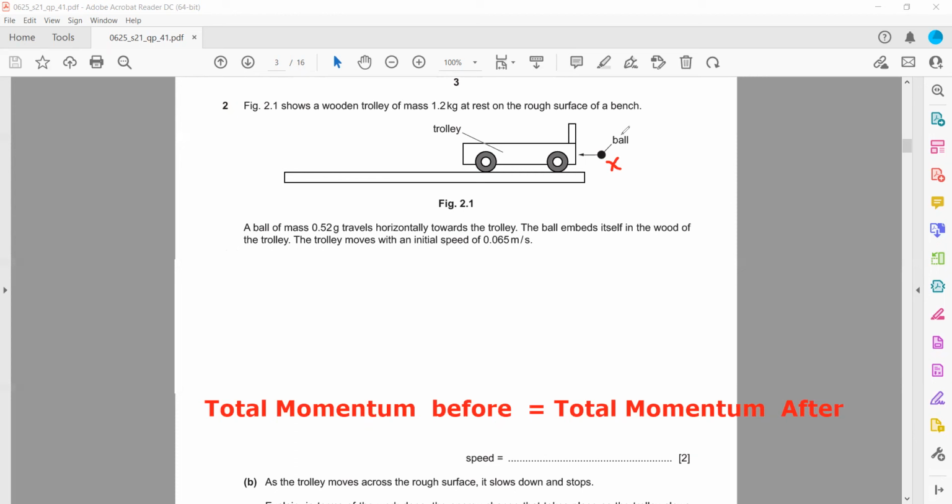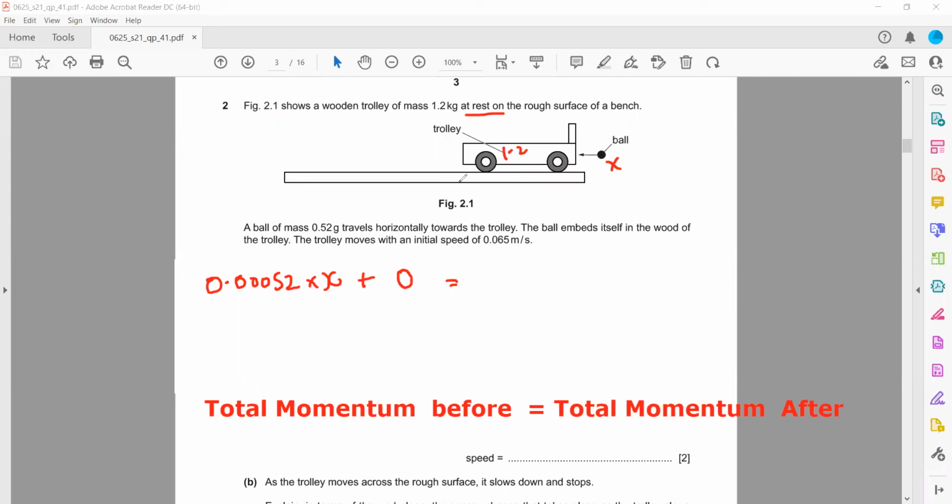So momentum before collision: the ball was moving with a speed of x and its mass is 0.00052, so 0.00052 times x, plus the momentum of the trolley. Because the trolley is initially at rest, its momentum is 0. Mass is 1.2, but its velocity is 0.